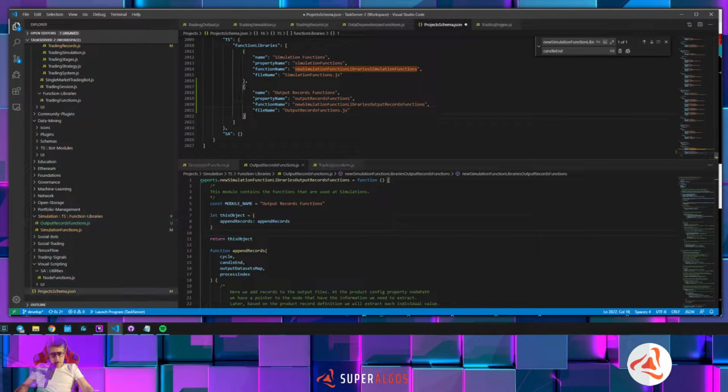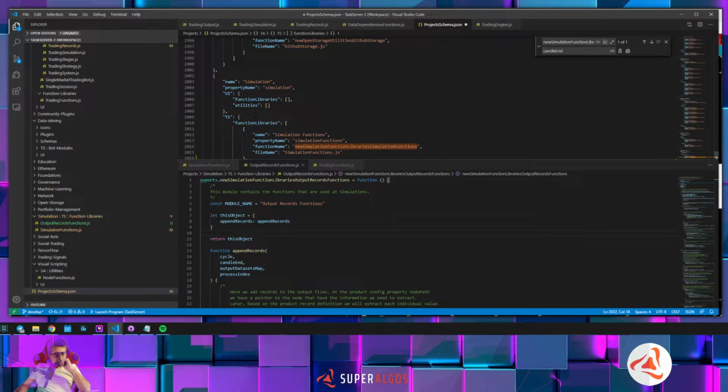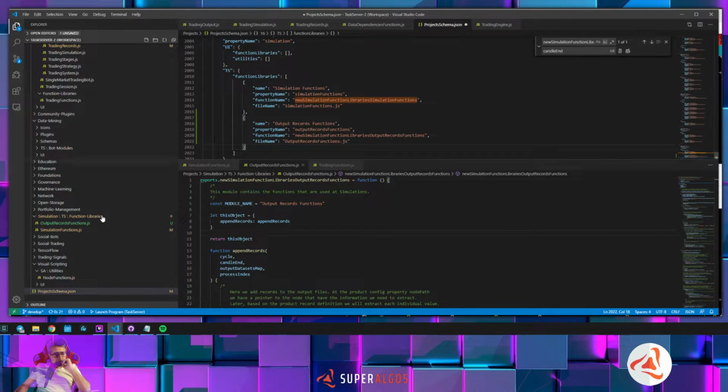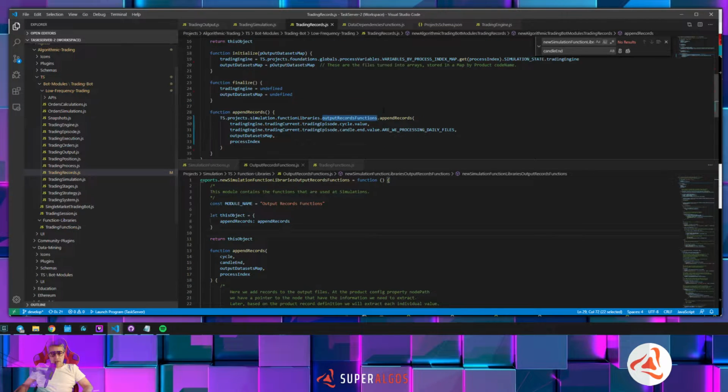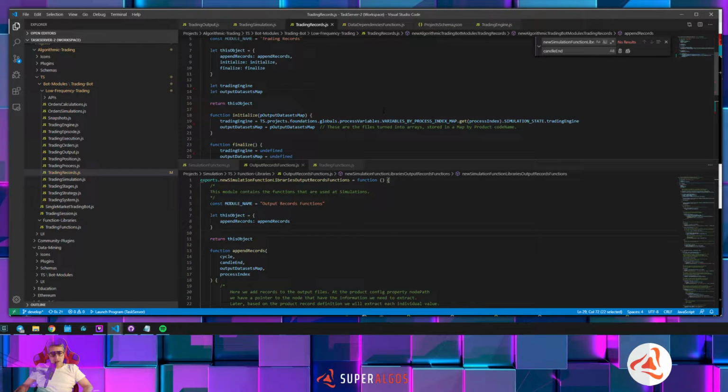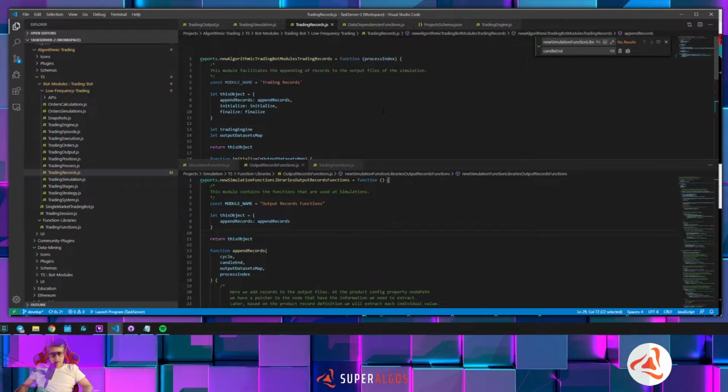So we have it defined at the simulation project. We have the file here. We have the trading record that is pretty much the same stuff we used to have. Okay, this is not really needed here.